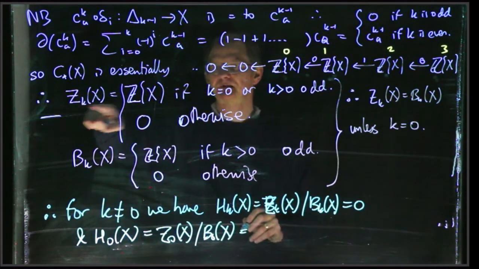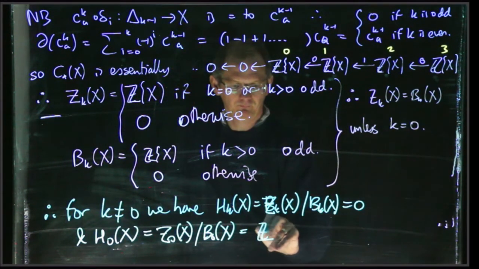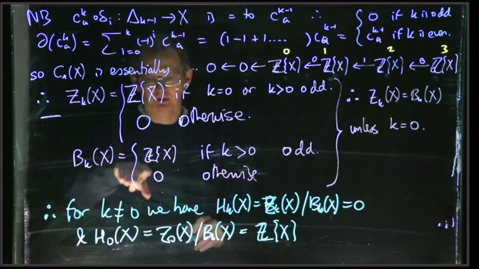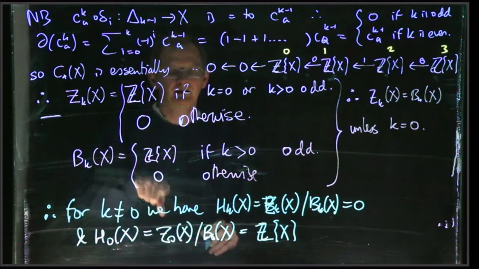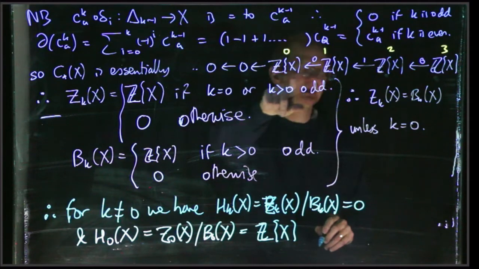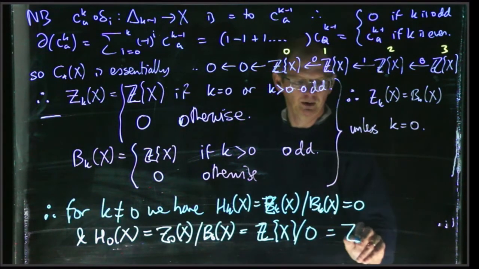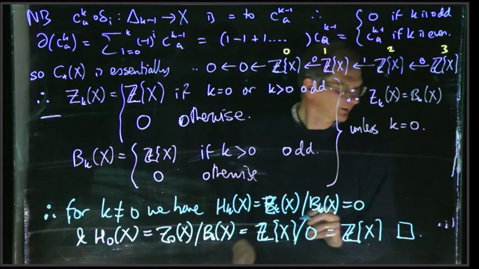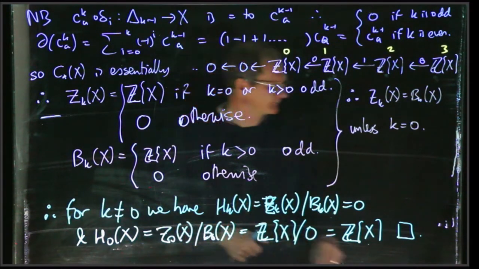Then your Z_0(X), by this first clause here, is just the free abelian group on X. And down here, k is 0 is not one of the exceptional cases for B_k. Your B_0(X) is the image of this 0 map here, so that's just trivial. So you just get the free abelian group on X, and that's what the claim was. Okay, so that tells us the homology of a finite discrete space.